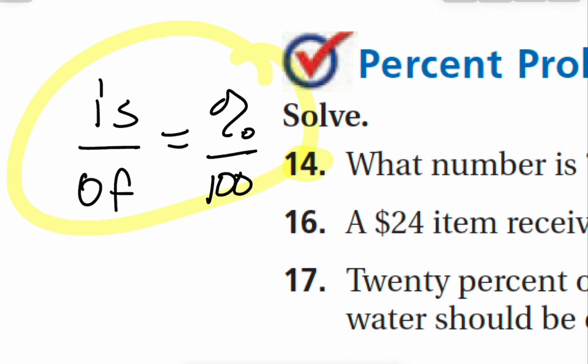See that we're getting the same sort of stuff. Is over of equals percent over 100 is what you want to use.